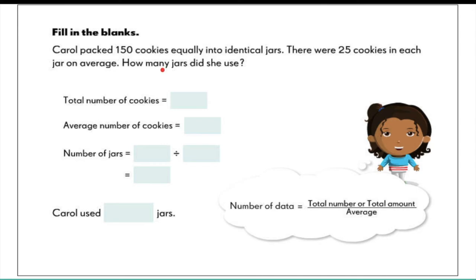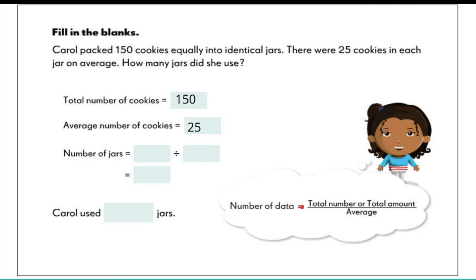So let's examine this problem. The total number of cookies is already given, and we got 150 cookies in all. What about the average number of cookies? Yes, it's also given, and it says there that there are 25 cookies in a jar on average. So to get the number of jars, we can use this formula: the total number or total amount divided by the average.